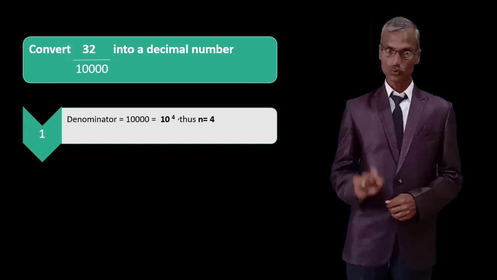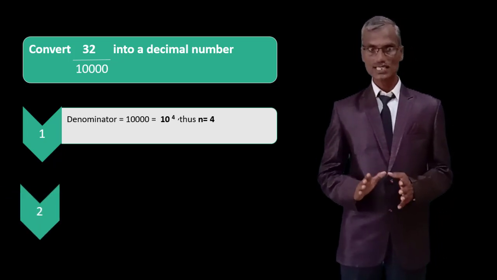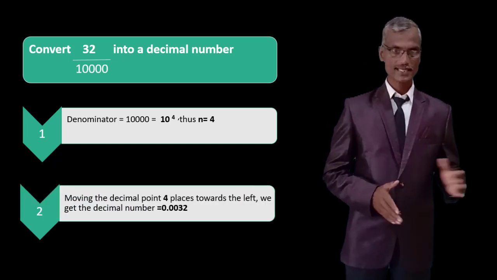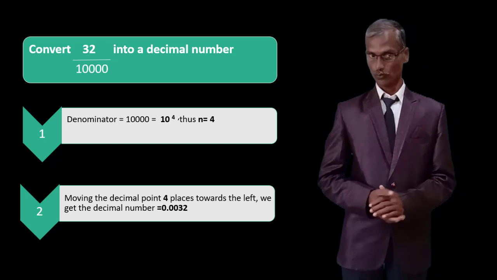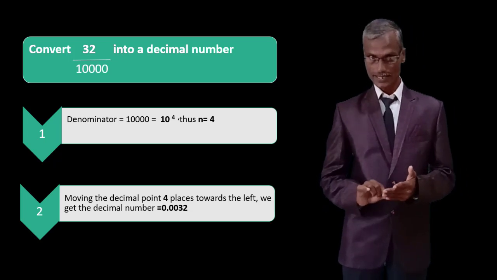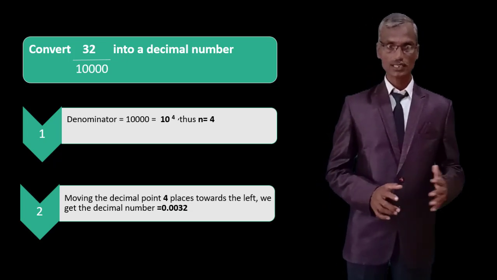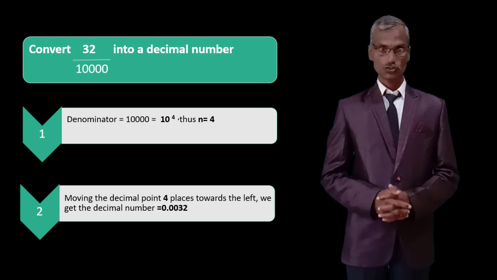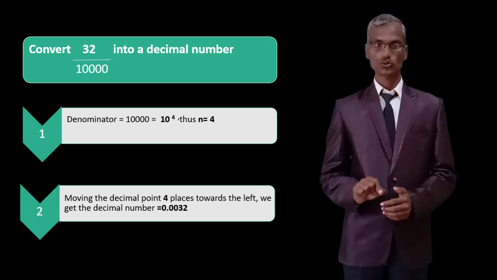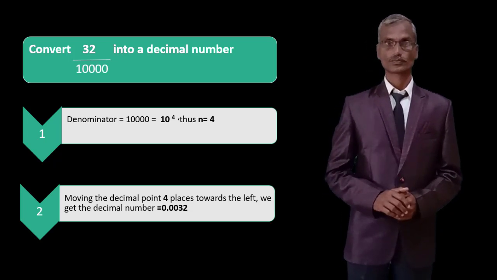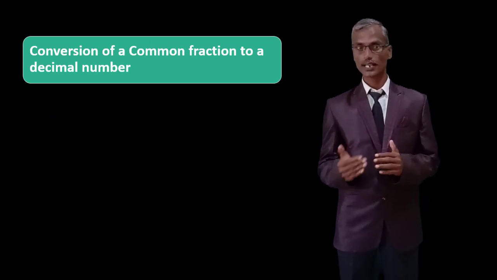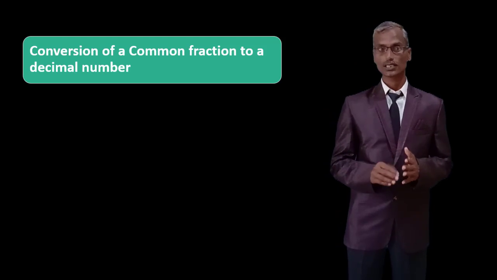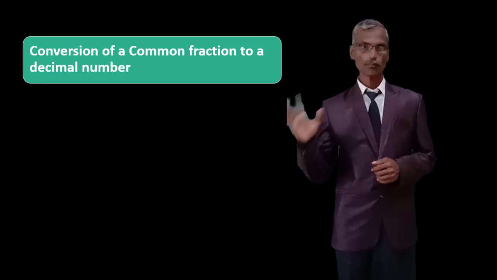Now, step 2, moving the decimal point 4 places towards the left, because n is equal to 4, we get the decimal number 0.0032.